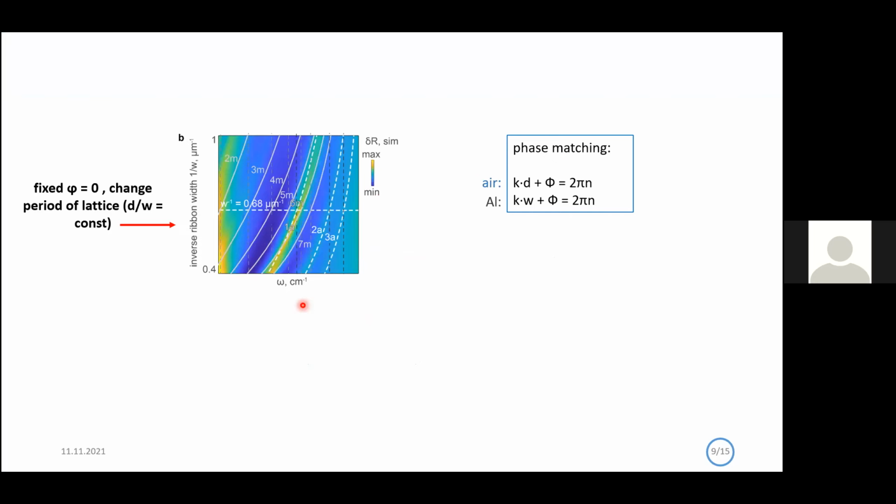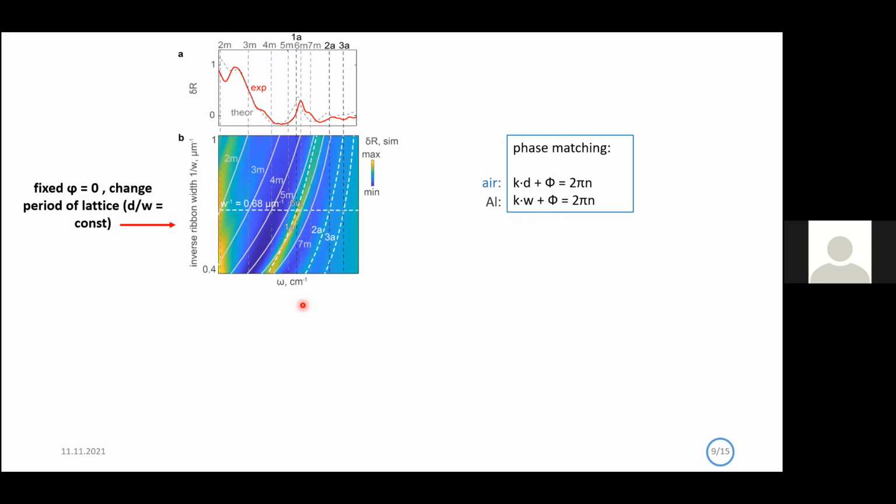This color plot shows reflection as a function of frequency and inverse ribbon width. If we add to this color plot the phase matching conditions as a set of dispersion curves with integer number n, we see that the maxima of reflection match these dispersion curves.